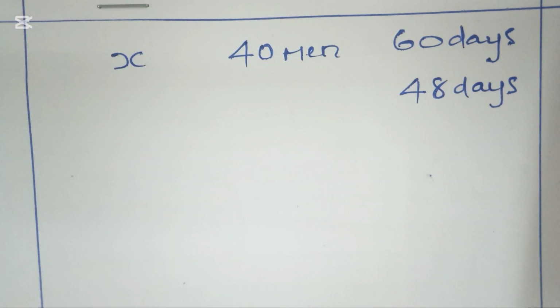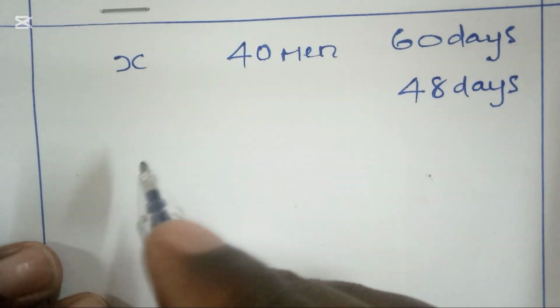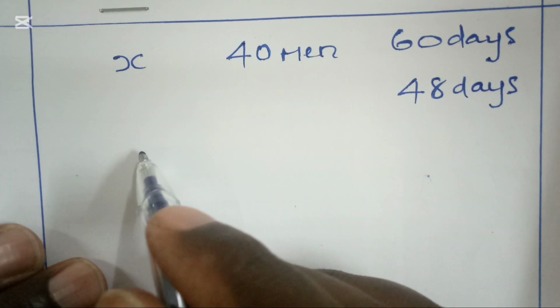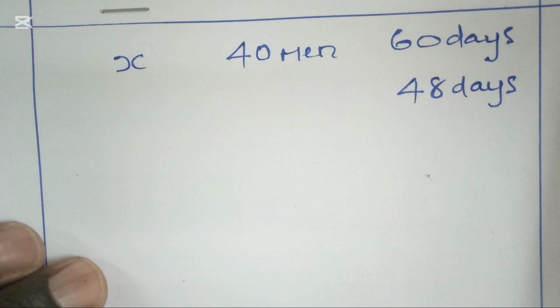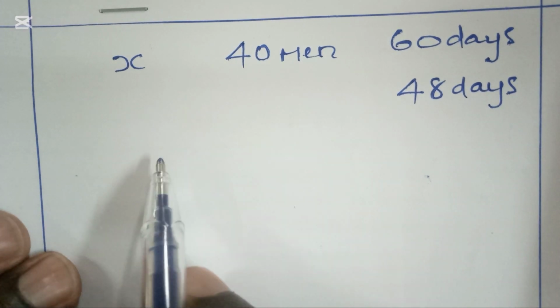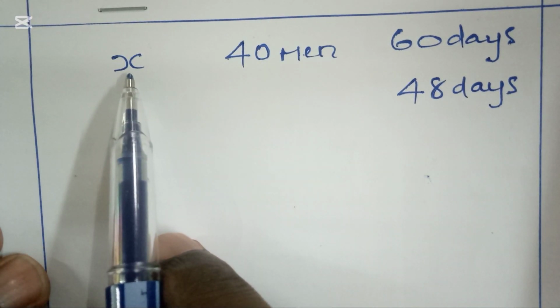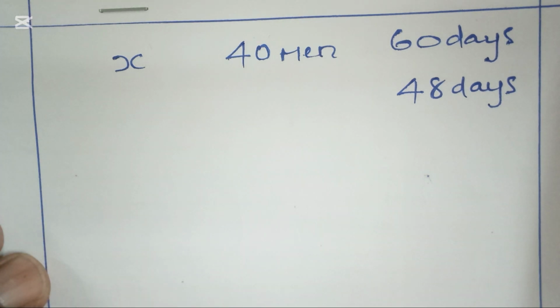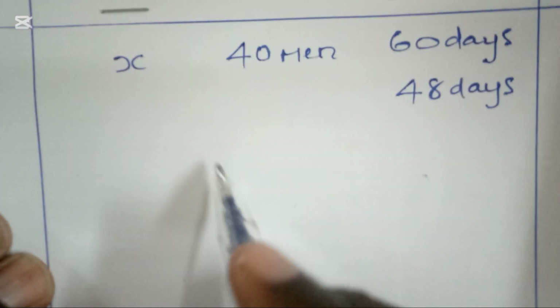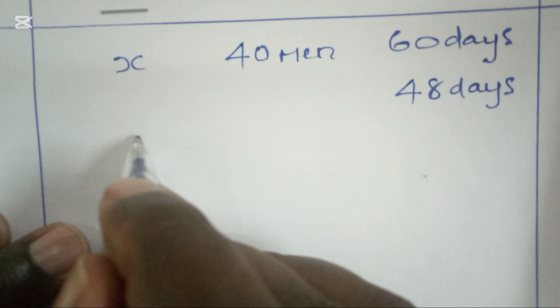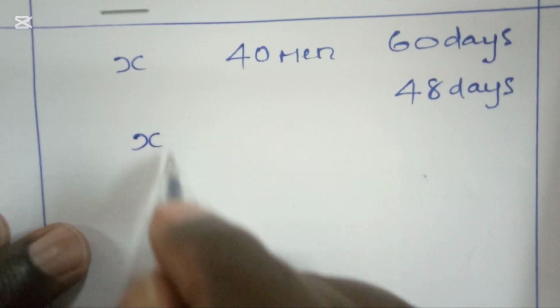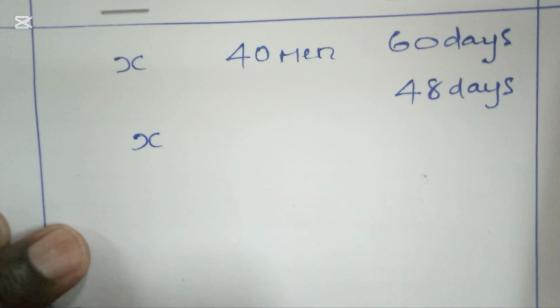So guys, we start off our question. The first thing we are establishing is how much work one man can do, the fraction of the work that can be done by one man in 1 hour. That's what we are going to look at. So I will write X here, which is the work to be done.